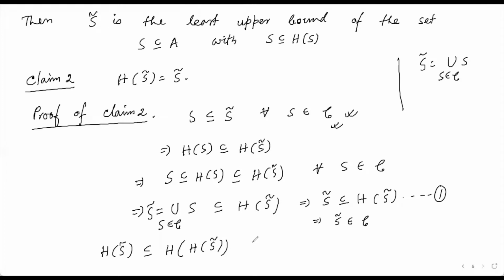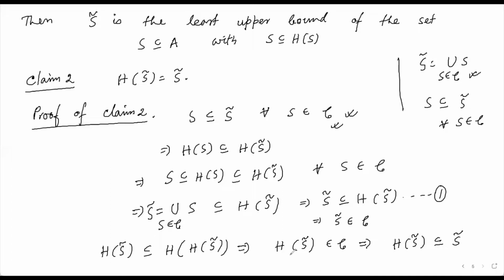Okay, so this implies h of S tilde also belongs to script C, and by definition of S tilde, this implies h of S tilde is a subset of S tilde, because S is a subset of S tilde for all S belongs to script C. So this is the second inclusion.